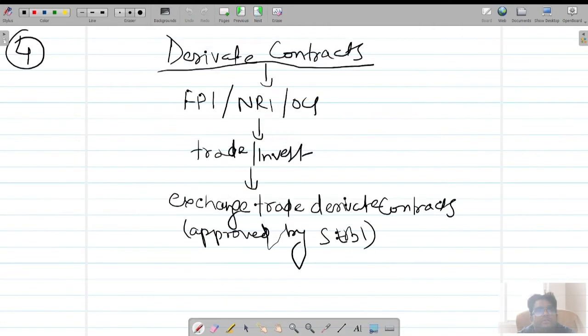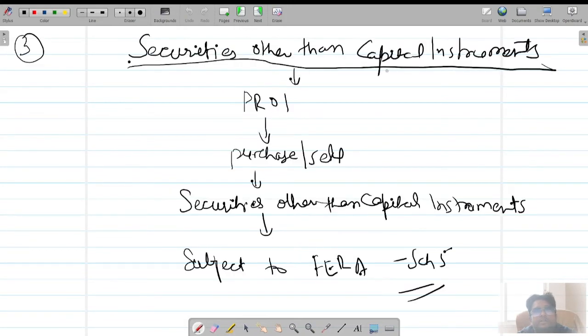Now we are going to discuss securities other than capital instruments. Who can invest in securities other than capital instruments?